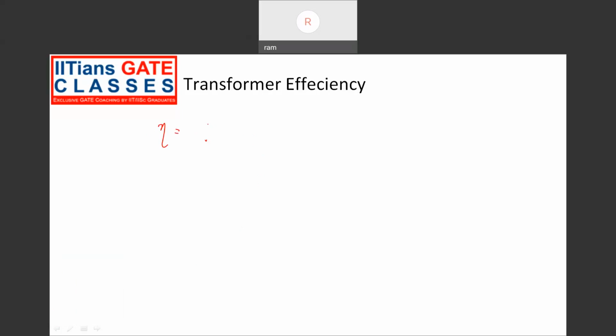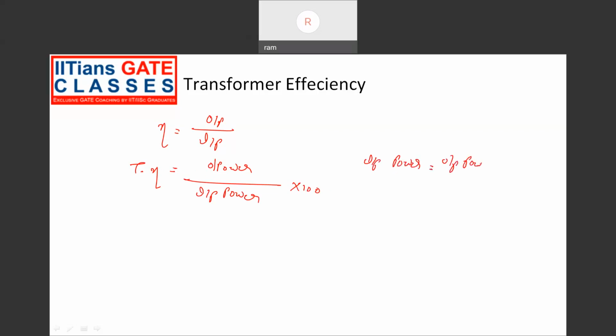Generally, the efficiency is given by output by input, right? Similarly, the transformer efficiency in percentage can be given as output power by input power into 100. We know that input power is a summation of output power plus losses, right?